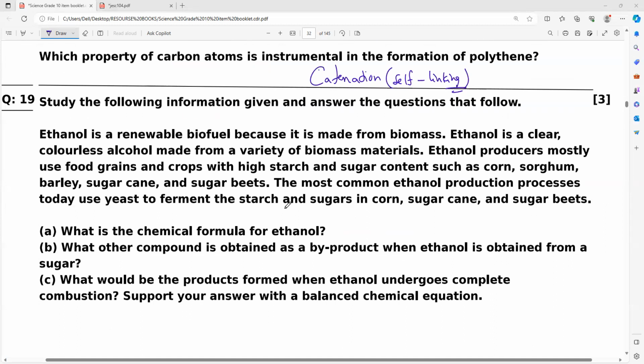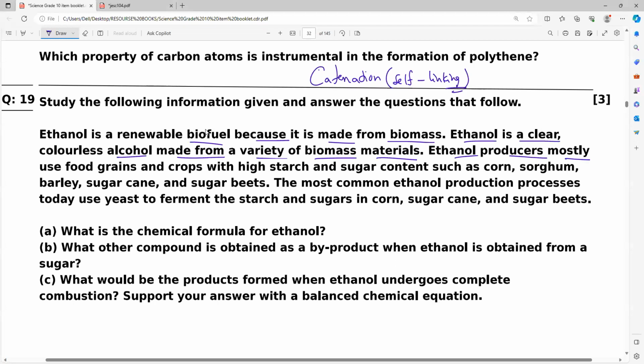Study the following information given and answer the questions that follow. Ethanol is a renewable biofuel because it is made from biomass. Ethanol is a clear, colorless alcohol made from a variety of biomass materials.